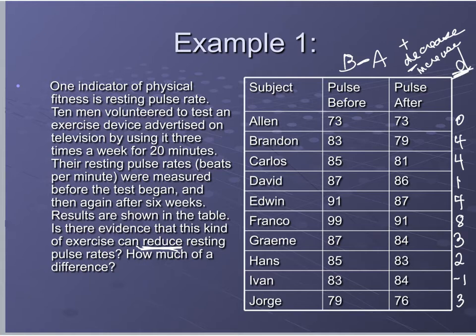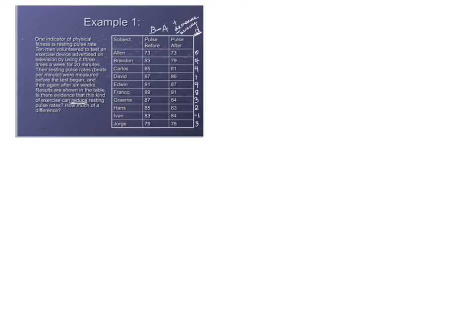Okay, in our calculator, we're going to want to put the data in list 1 and list 2. Let's write our hypotheses first. The mean difference equals 0.